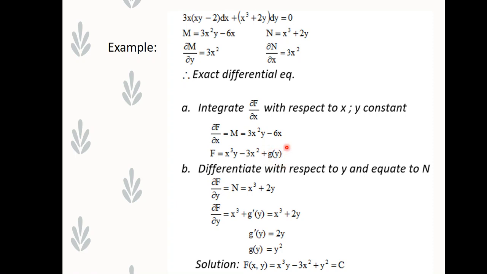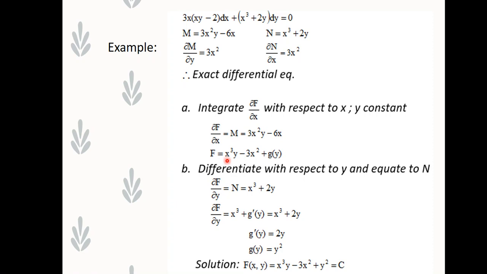Now, next procedure under method 2 is you will differentiate with respect to y and equate to n your f. So, the answer that you have on top, this is your n by the way, x cubed plus 2y. That's your n. You will differentiate your answer here with respect to y.